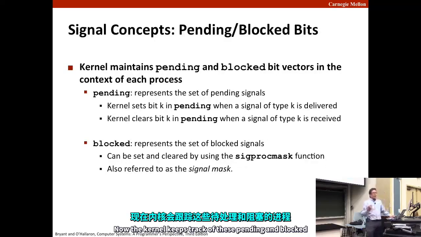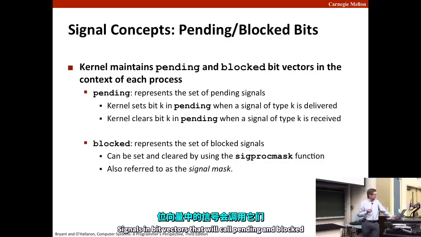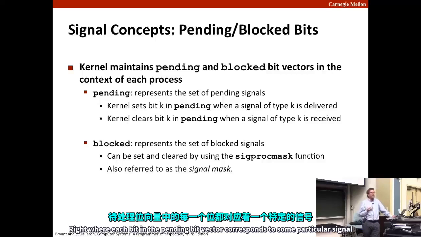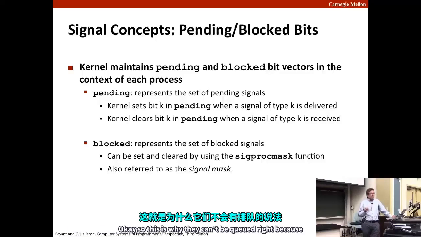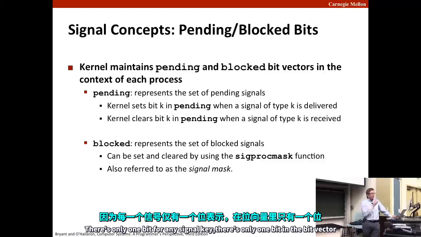Now, the kernel keeps track of these pending and blocked signals in bit vectors that we'll call pending and blocked. Pending represents the set of pending signals, where each bit in the pending bit vector corresponds to some particular signal. This is why they can't be queued, because there's only one bit for any signal k.